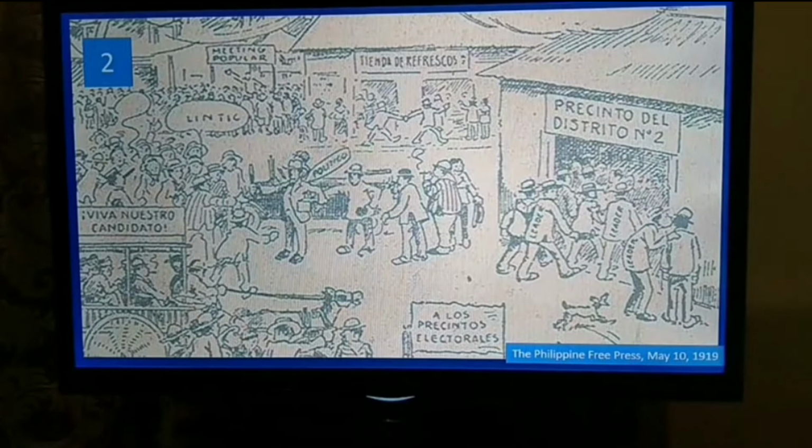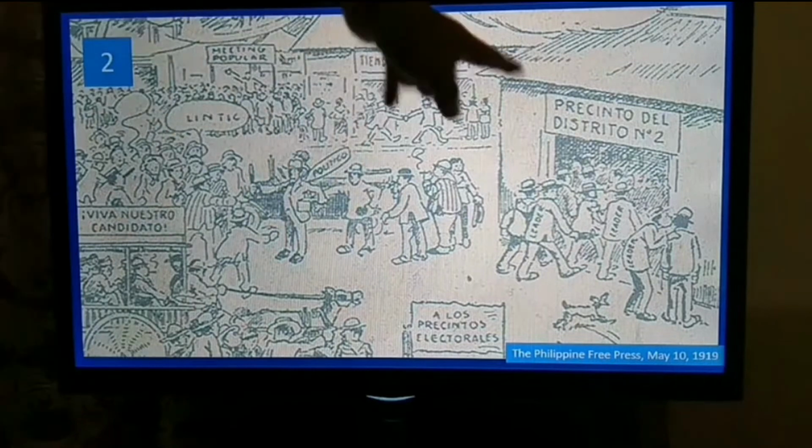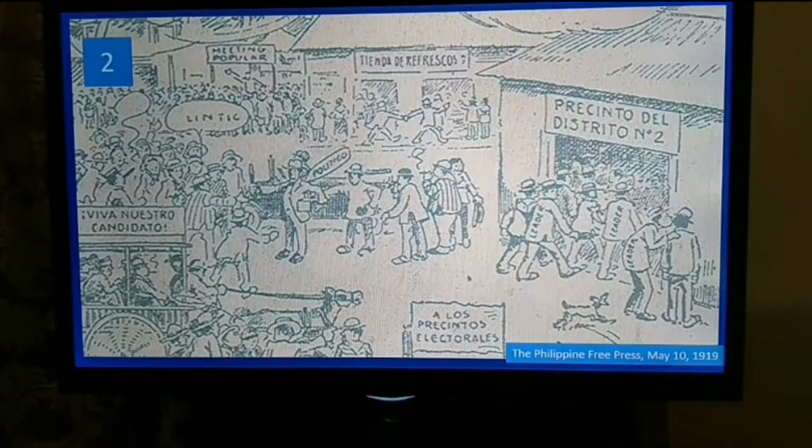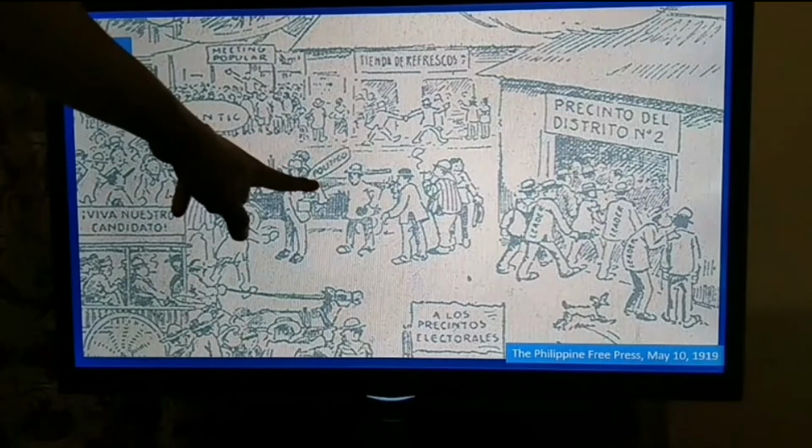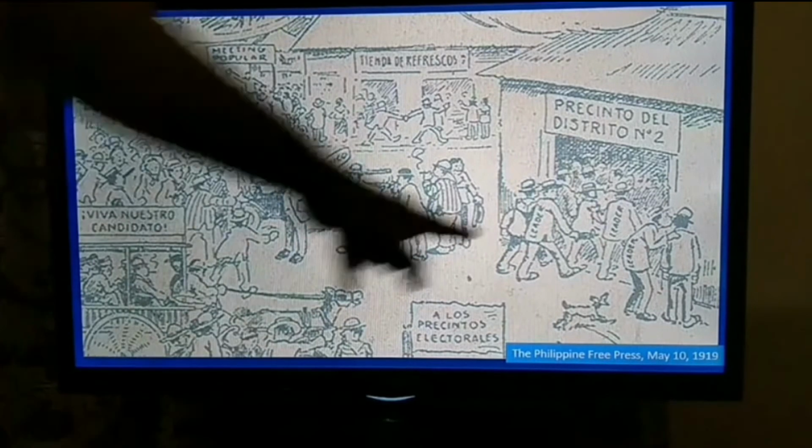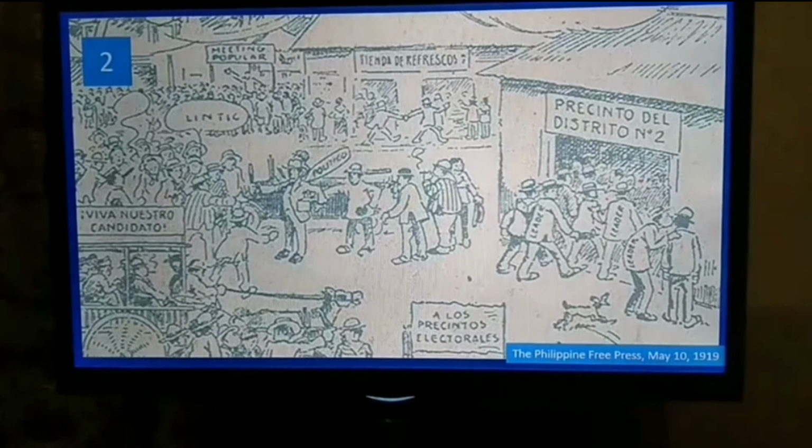It means long live our candidate. Precinto means precinct of district number 2. So this is an election. Yes. What's happening in the picture is an election, and you have here a tag which says politico. And leader.